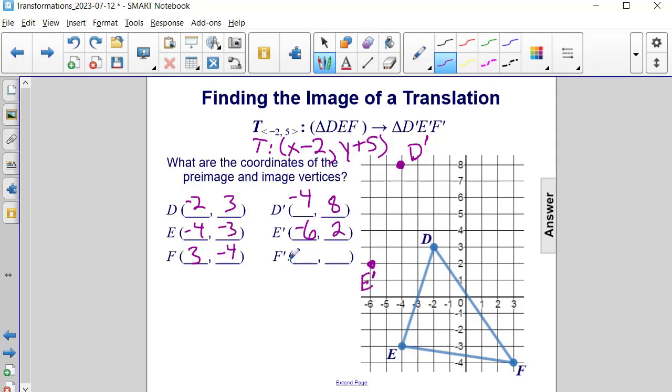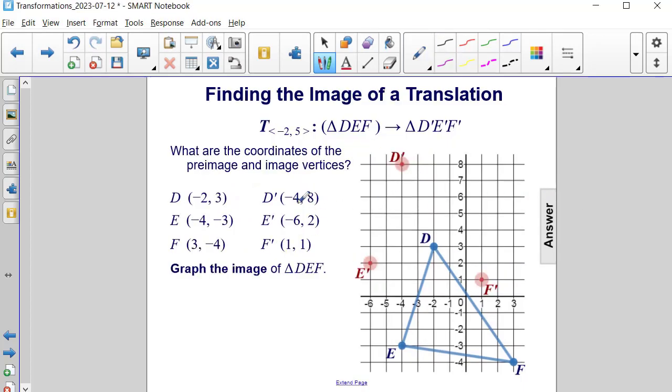And then our point F prime, let's substitute our coordinates for F into our translation function, and we'll have 3 minus 2, which is 1, and -4 plus 5, which is also 1. So we'll be at 1, 1 for F prime.